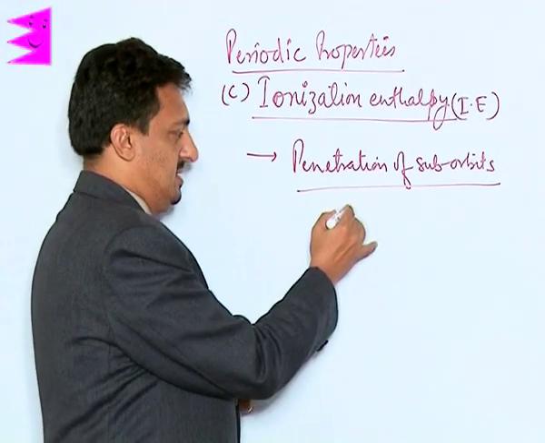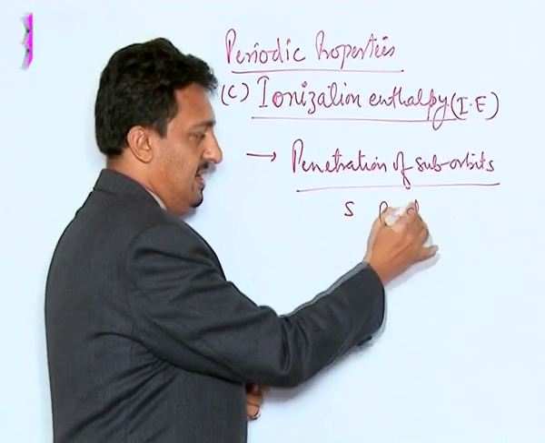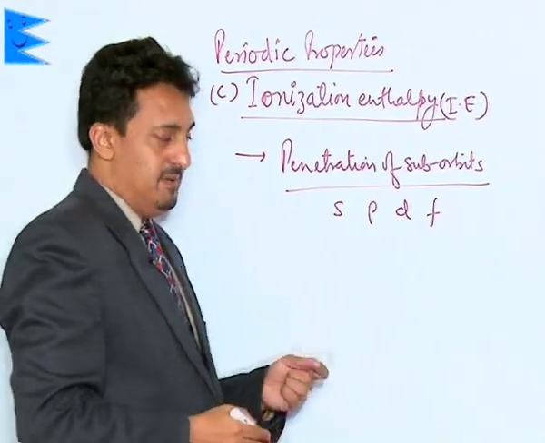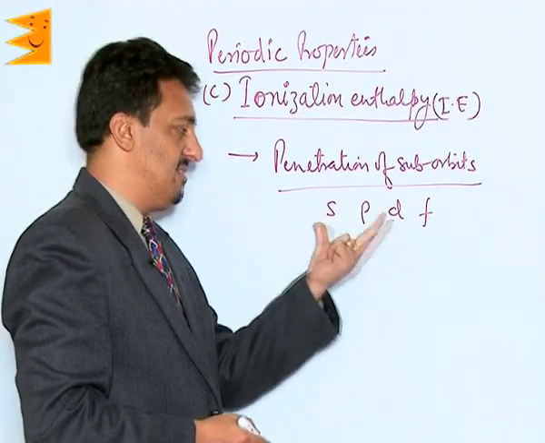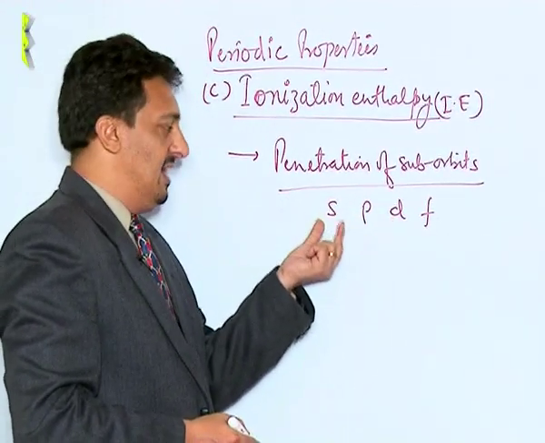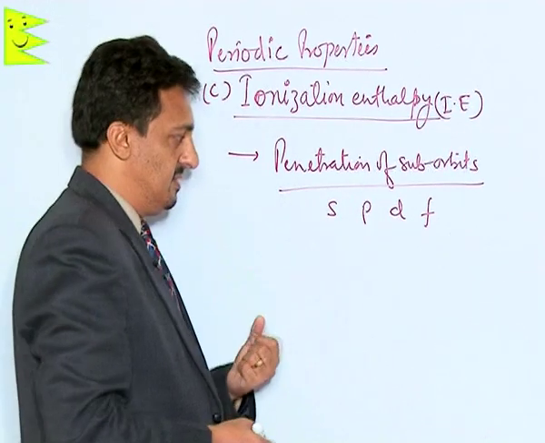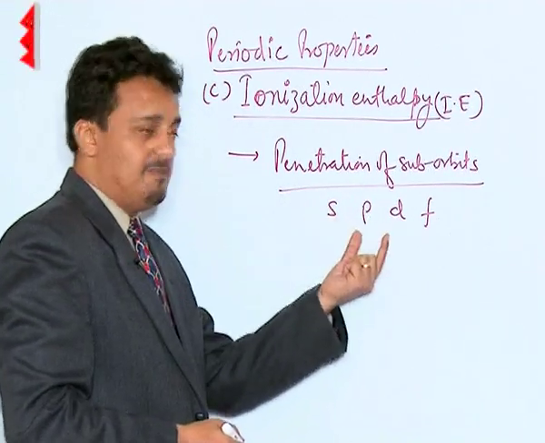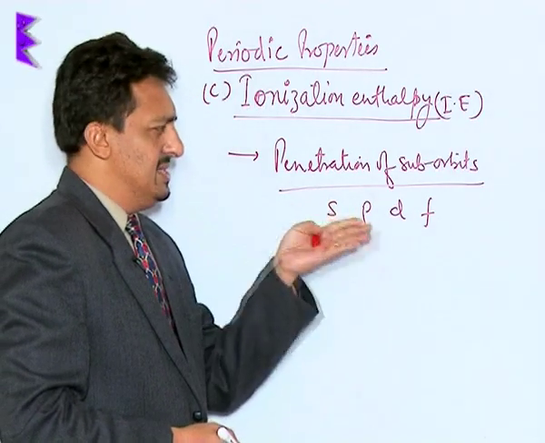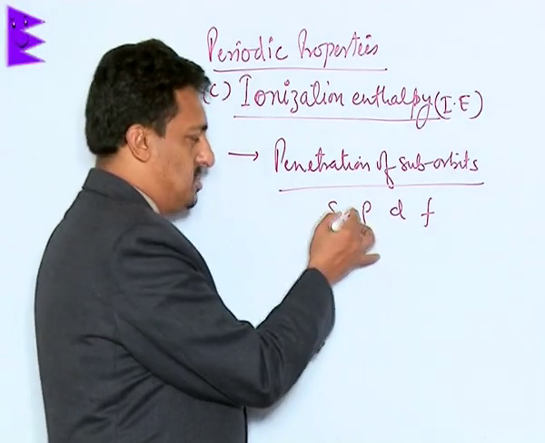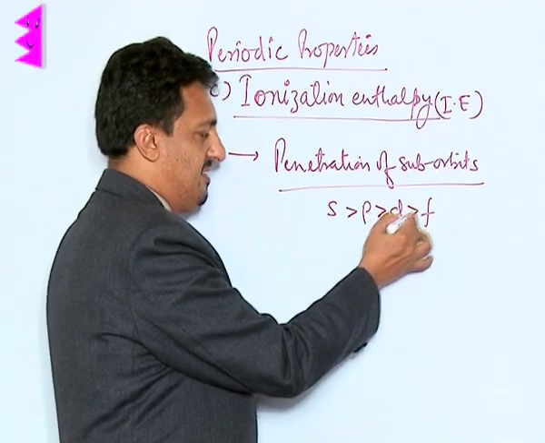We know that out of s, p, d and f suborbits, the s is closest to the nucleus, because it is always the first one lying in any particular orbit. Similarly, it is followed by the p, then d and then f. So these suborbits have the penetration effect in this order.